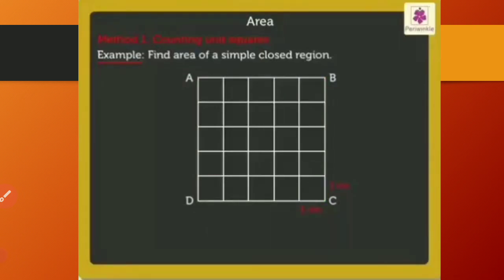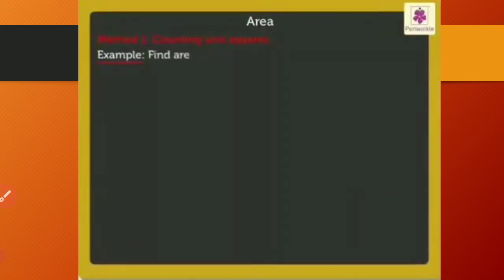Thus, we say that the area of square ABCD is equal to 25 square centimeters. Square centimeters can also be written as sq cm in short.